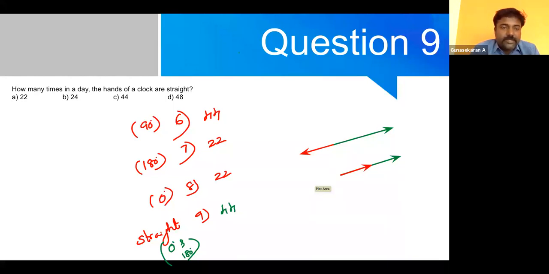Stop me. Otherwise, proceed. Question number 10. Some more. Some two concepts are there. Tough concepts are there.